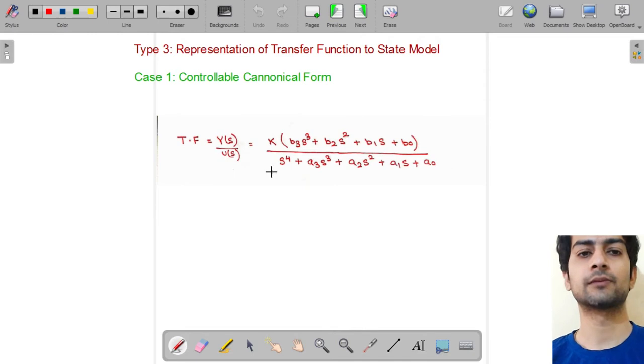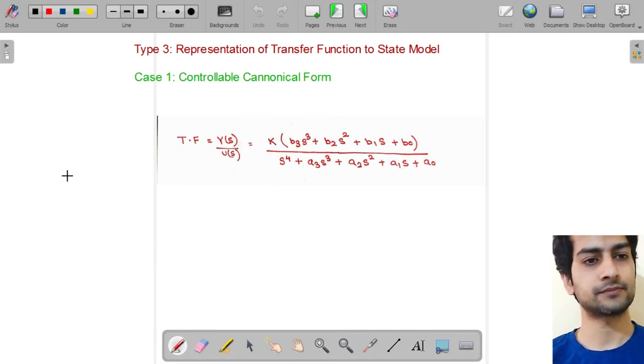and then we will take a question and all your doubts will be cleared. So what I am saying is that let we have a transfer function which is in this form, and we are asked to represent it in state model. Then we very well know that the total number of state variables will be equal to the order of denominator.